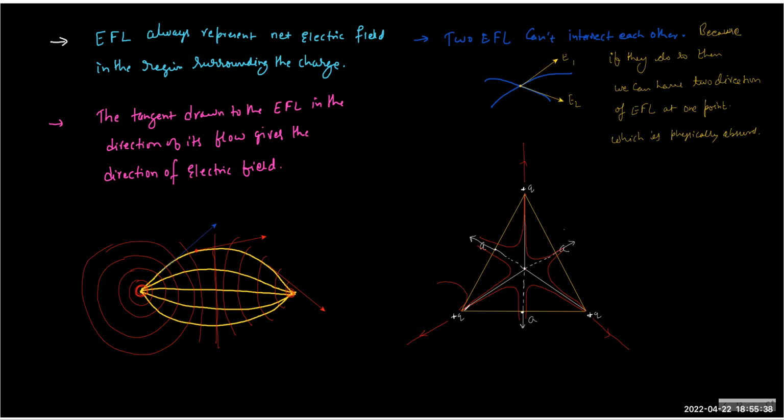So now we can think that the field lines are something like this. So this is the direction of electric field lines.